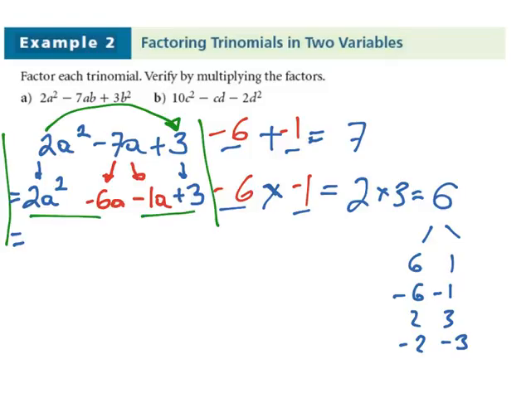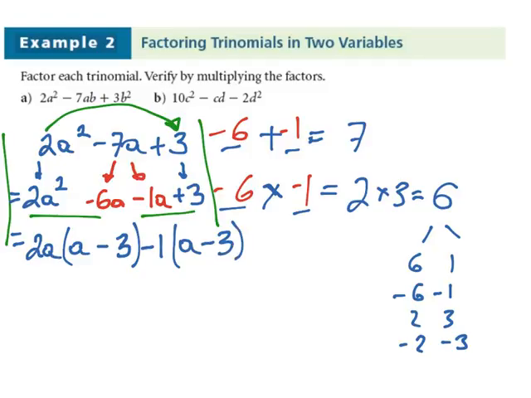And we could factor out 2a, and we'll get, pardon me, not 2, we get a minus 3, and then we could factor out negative 1, and we'll get a minus 3.